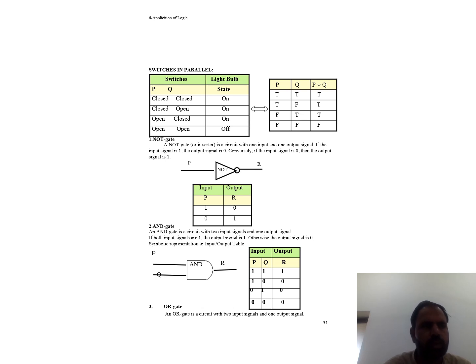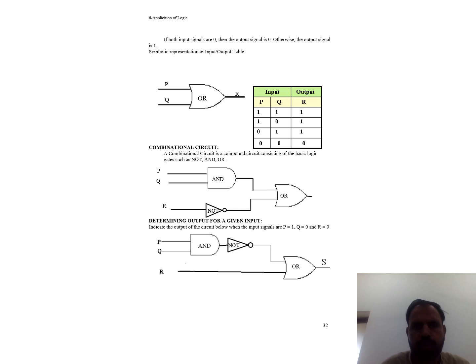OR gate. An OR gate is also a circuit with two input signals and one output signal. If both input signals are 0, then the output signal is 0. Otherwise, the output signal is 1. The symbolic representation is presented in this figure. This is R, P, this is Q, the OR gate.